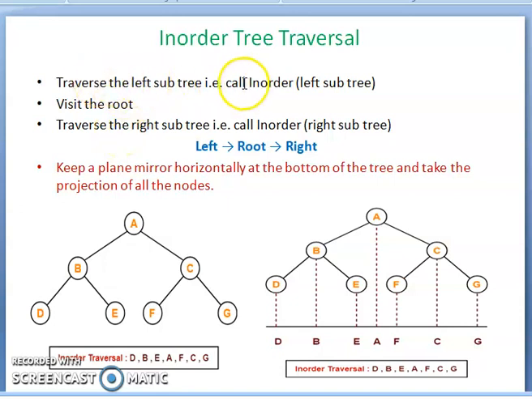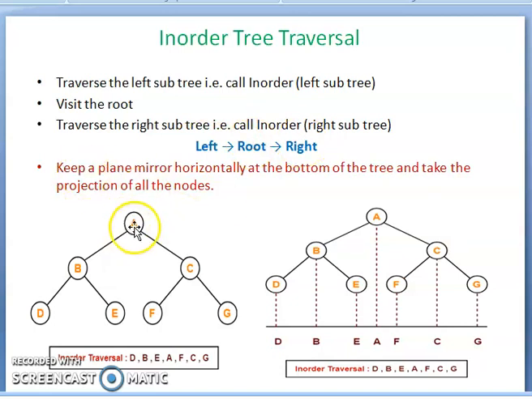Traverse the left subtree means implement the in-order of the left subtree. Traverse the right subtree means implement the in-order for the right subtree. So the simple formula is move left, visit root, and then right.